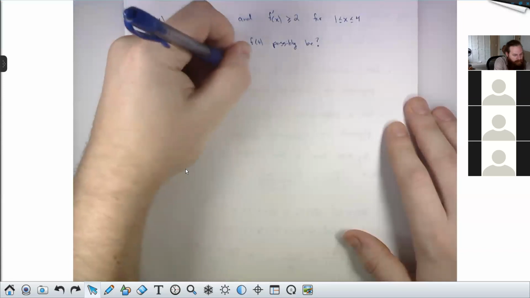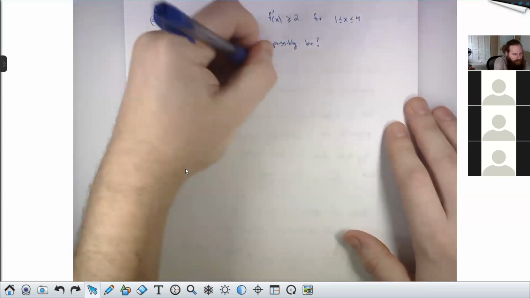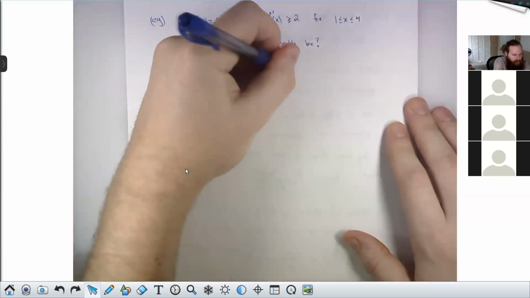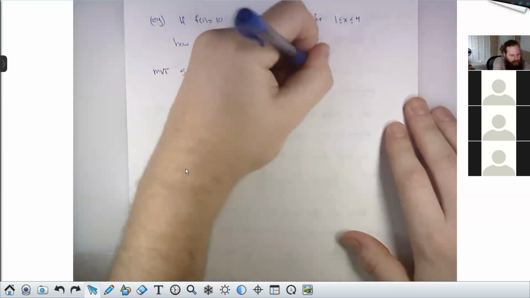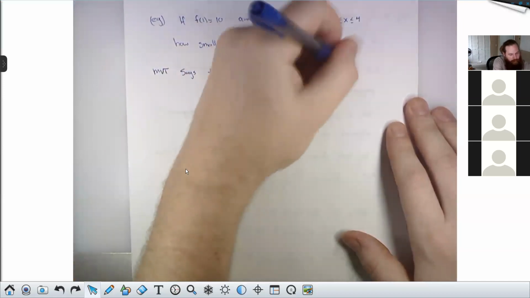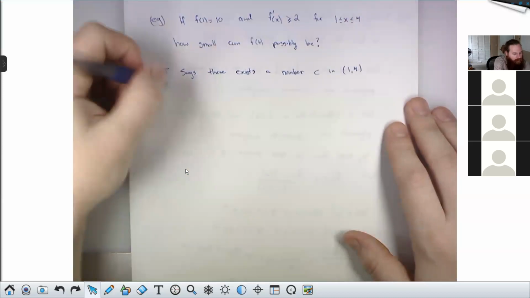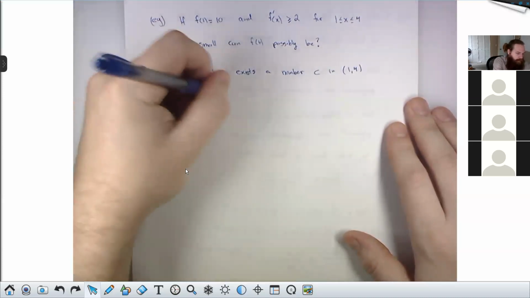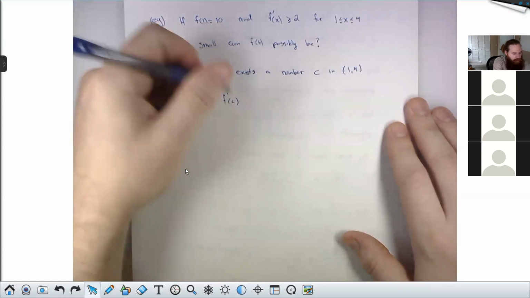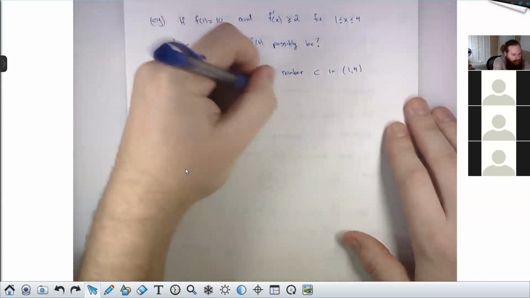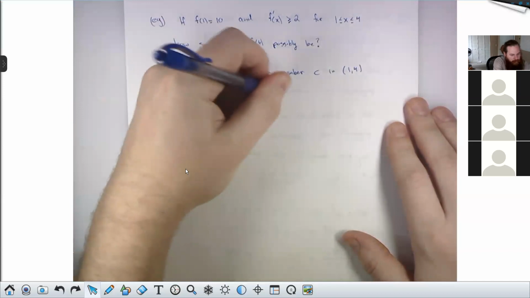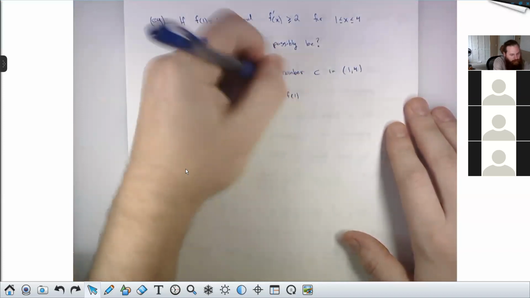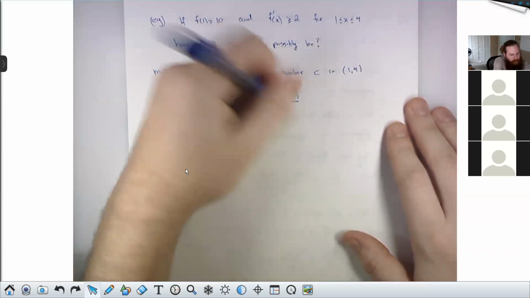MVT says there exists a number C in the open interval 1 to 4 such that f prime of C is equal to f of 4 minus f of 1 over 4 minus 1.